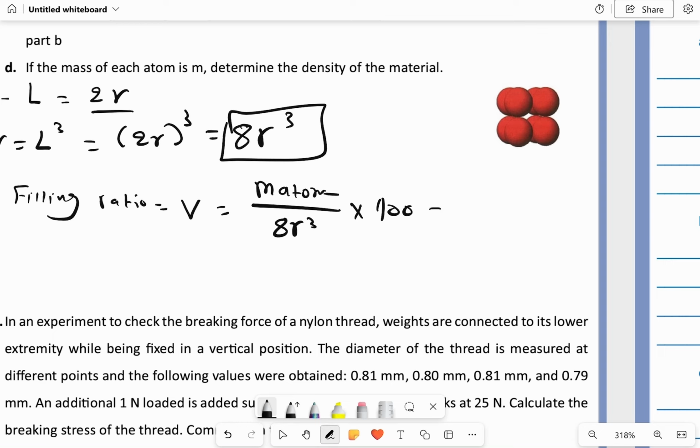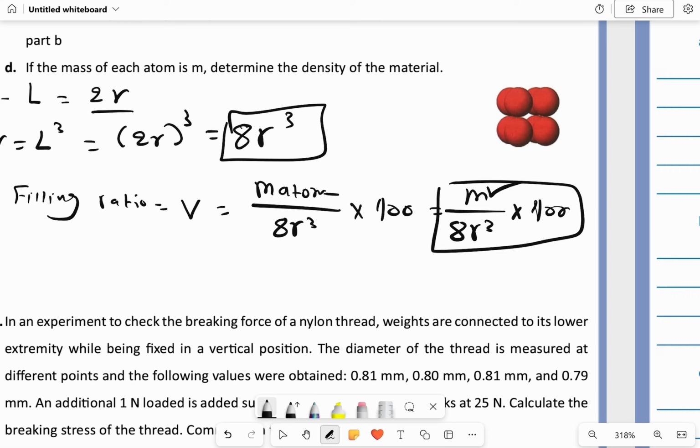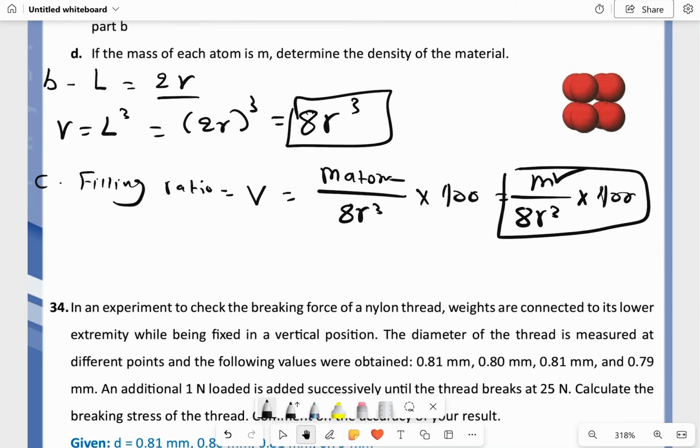So this will be M divided by 8r cubed multiplied by 100. But you should know first the mass of the atoms, otherwise you cannot find the filling ratio.